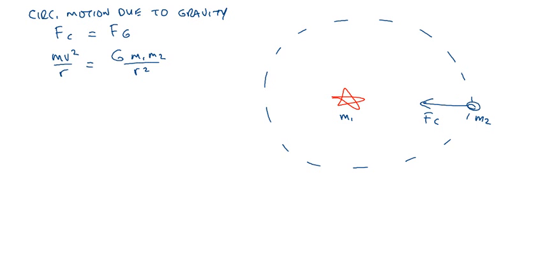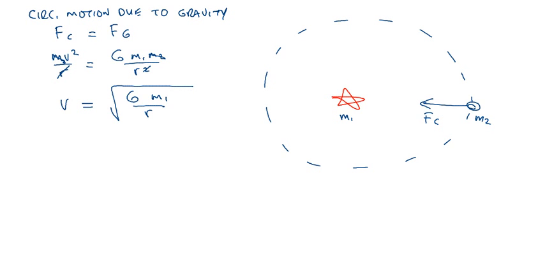So this really should be m2 right there. The m2s are going to cancel out. This r cancels one of the r's over here. I'm left with v squared. If I take the square root of both sides, it's pretty easy to work out the speed, the rotation, how fast we're moving around the sun here.